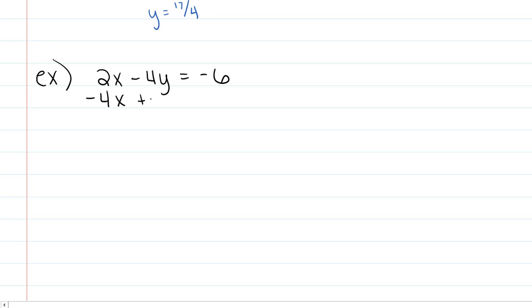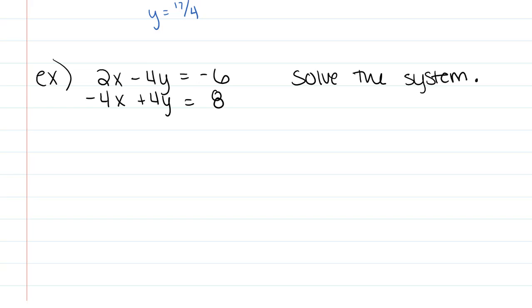Negative 4x plus 4y equals 8. Our goal is to solve the system. All right, now that we've had lots of practice getting to 0, let's decide what we need to do here. Negative 4y plus 4y, let's see, that does equal 0, so I'm going to add these up.